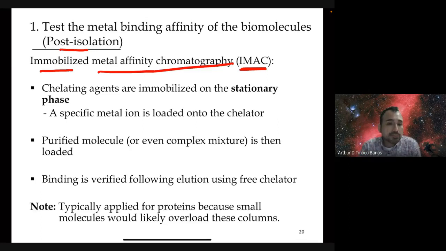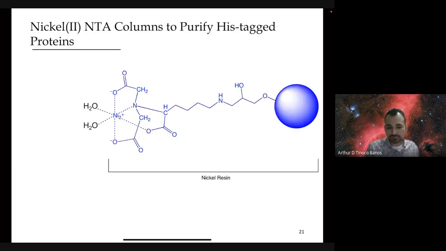So note, it is typically applied for proteins because small molecules would likely overload these columns. All right, so that's a component here you have to think about: how much sample you have, how complex it is, and whether you would just mess up your column because it would be really hard to purify things. But I mentioned to you that this is a well-used technique, for reasons that people don't necessarily think about.